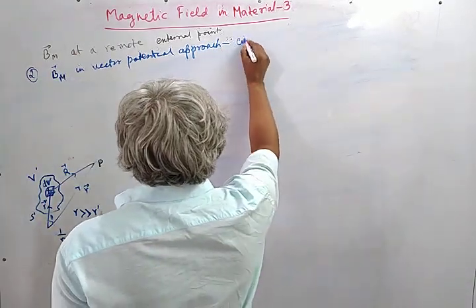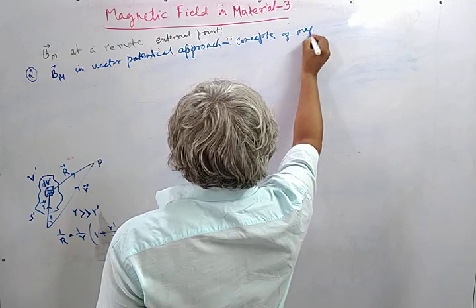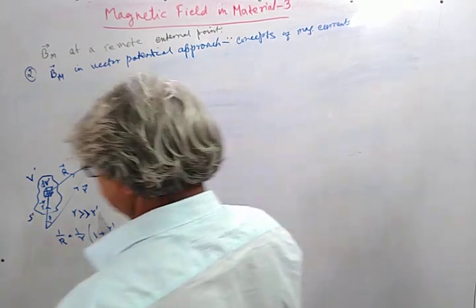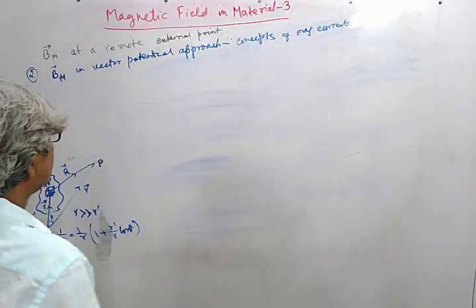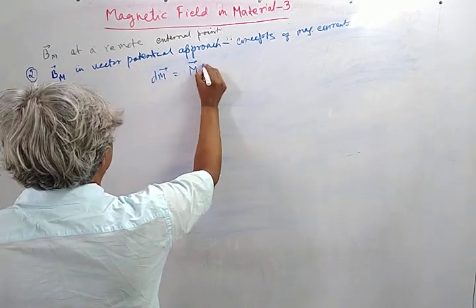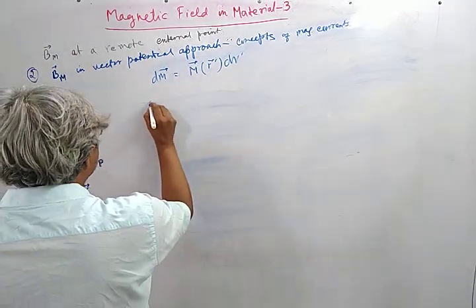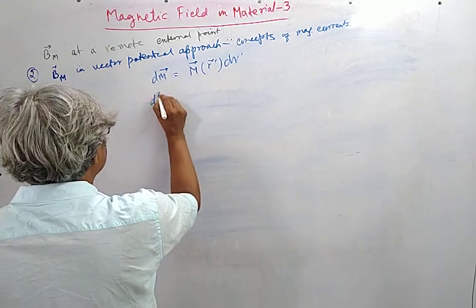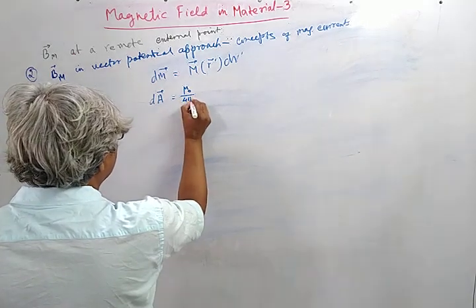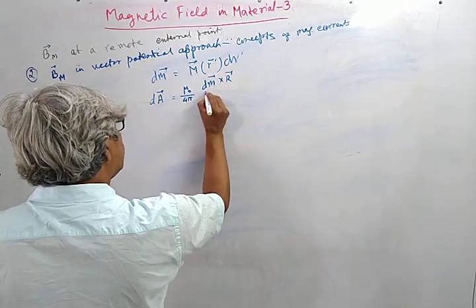Concepts of current. The dipole moment of V prime is as stated earlier. So the magnetic vector potential at P due to this is mu 0 upon 4 pi, delta m cross r upon r cube.